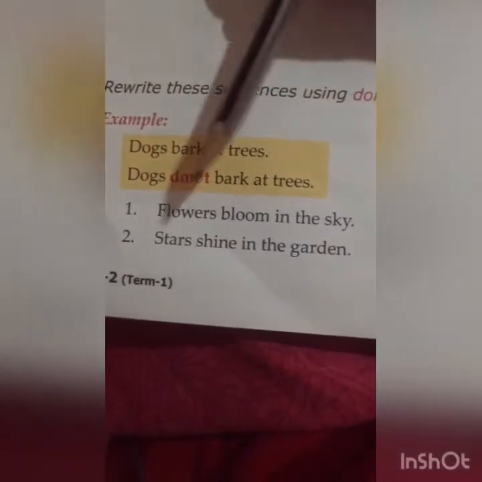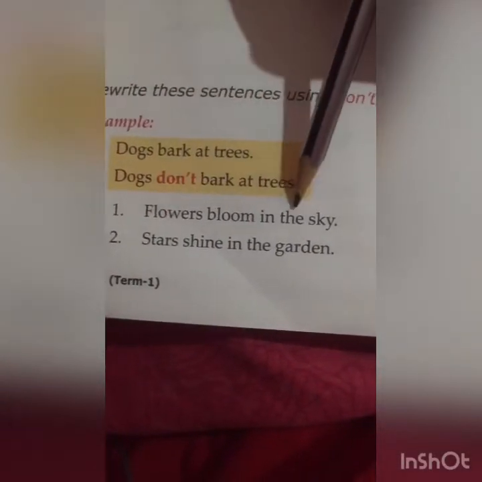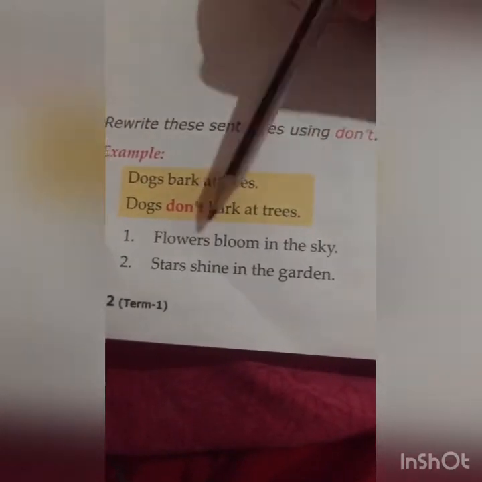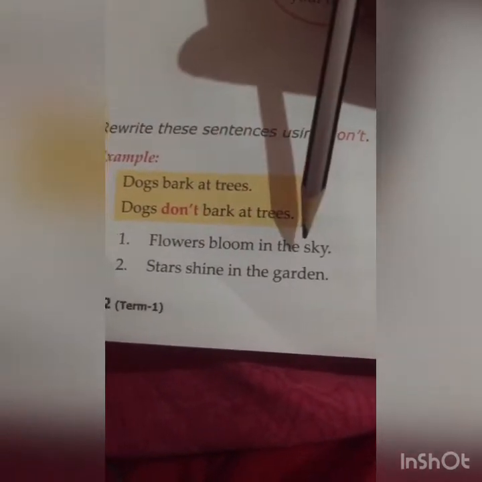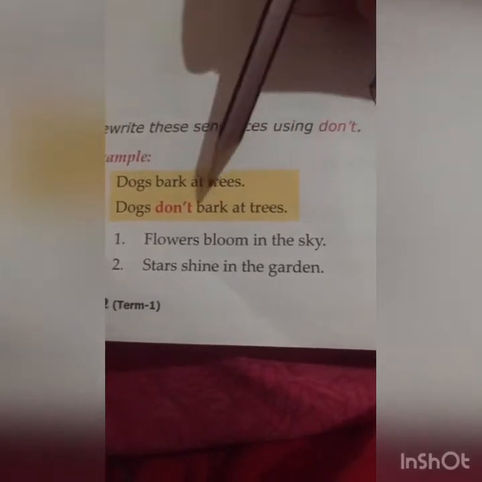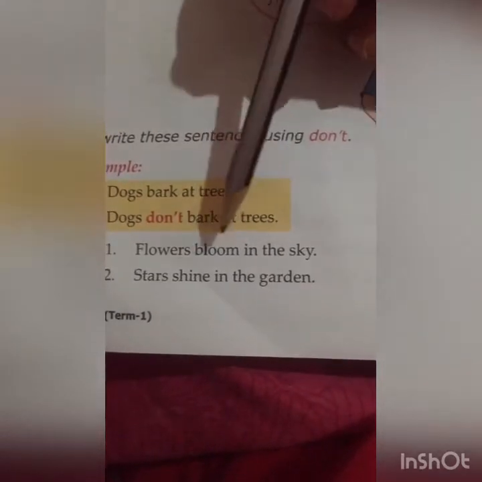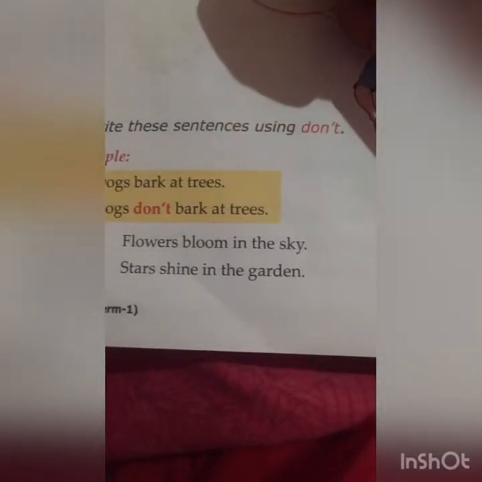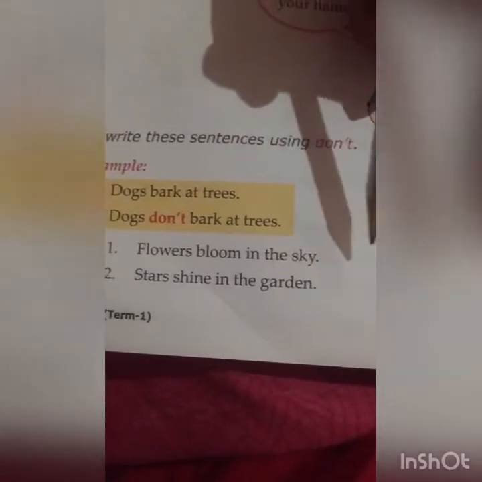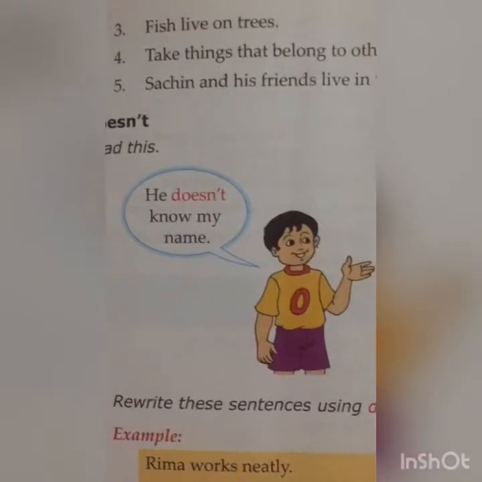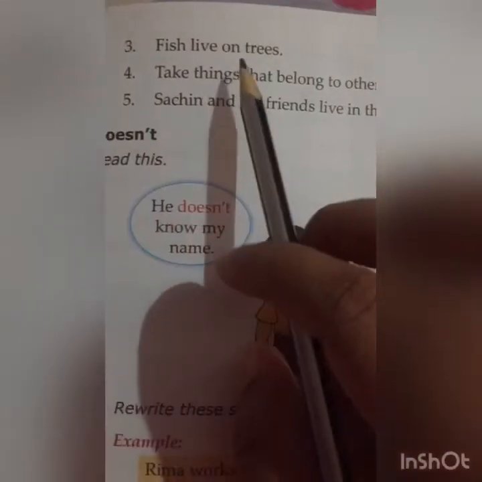Next one. Flowers bloom in the sky. How to rewrite this sentence using don't? Flowers don't bloom in the sky. Next one, stars shine in the garden. How to rewrite it using don't? Stars don't shine in the garden. Next one, fish live on trees.